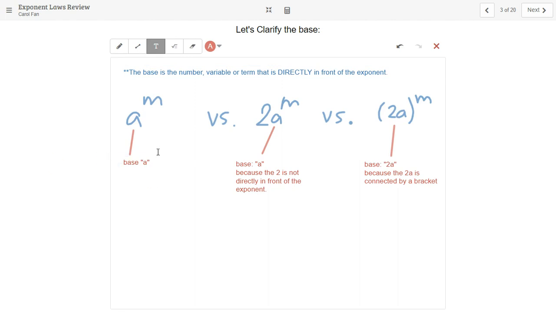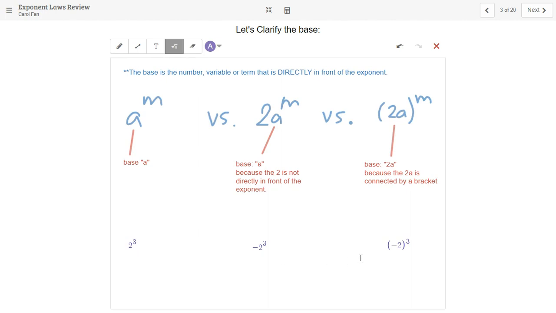All right, so let's do a couple of calculations. I have the question 2 to the power of 3. Let's compare that to negative 2 to the power of 3 and compare that to negative 2 in a bracket to the power of 3.